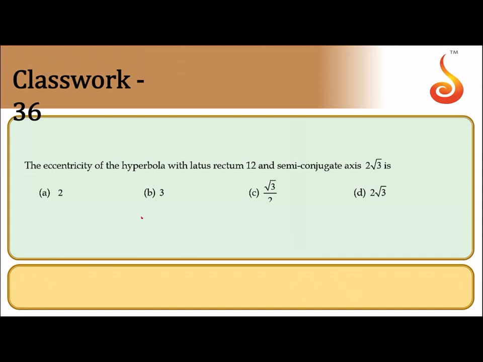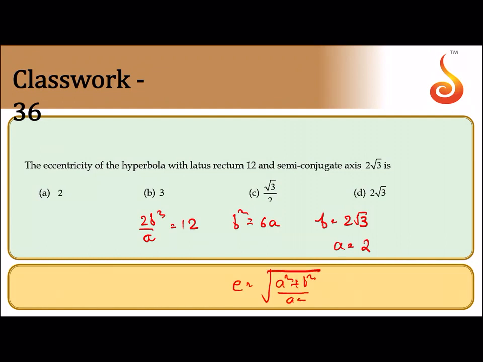37. Eccentricity of a hyperbola with latus rectum 12 and semi-conjugate axis equal to 2 root 3. So the length of the latus rectum is 2b square by a. 2b square by a is equal to 12, so b square is equal to 6a. Semi-conjugate axis b is equal to 2 root 3. So this implies a is equal to 2.